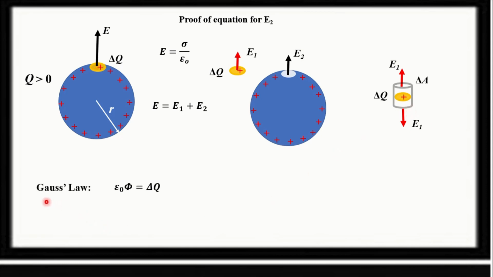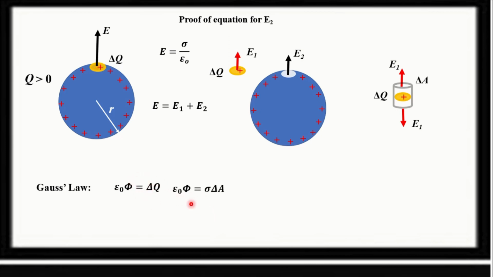Then we will use Gauss's law, which states that epsilon naught times F, where F is the flux of electric field through this Gaussian surface, is equal to delta Q, the charge inside the Gaussian surface.